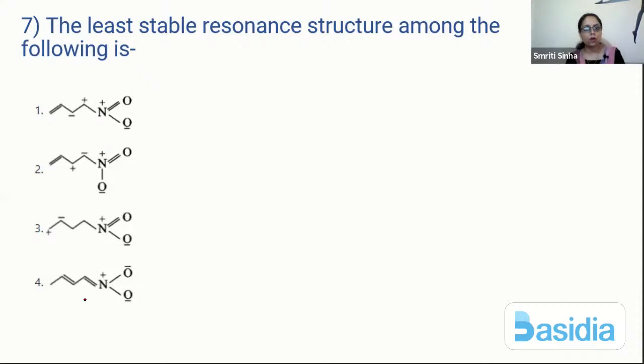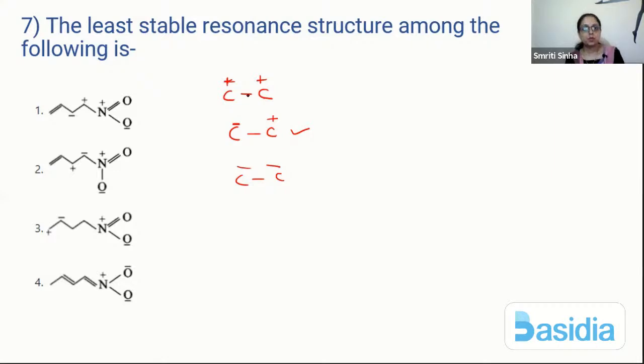Next, the least stable resonance structure among the following is. So which of the following structures is least stable? I will give you one hint. If two atoms which are vicinal, or neighbors of each other, have the same charge on them, they will be very, very unstable because both are electron deficient, and two electron deficient species beside each other are obviously unstable. If one is electron rich and one is electron deficient, it is stable. Both electron rich, again unstable.